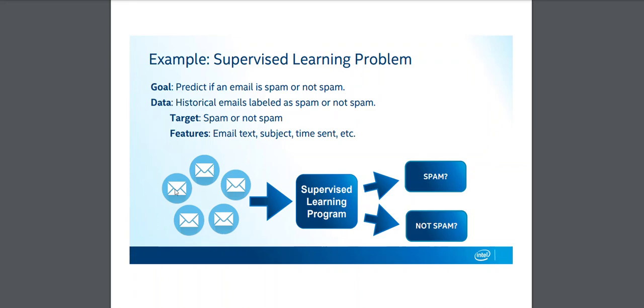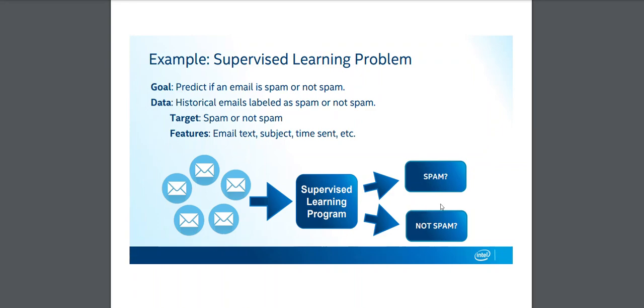And these known values that we feed into this supervised learning program or this model will help us to train this model to be efficient and effective in our classification of emails as spam or not spam.